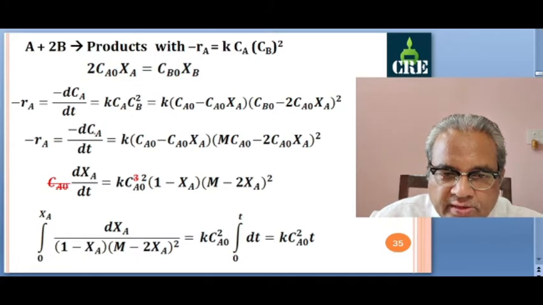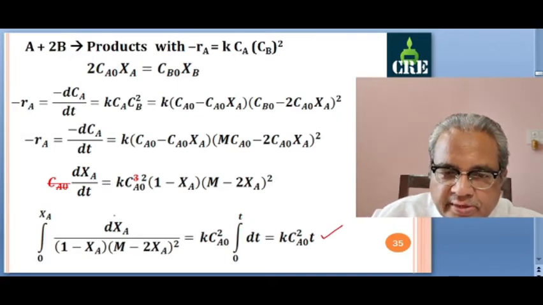And we have minus dCA by dt equal to CA0 into dXA by dt. So this CA0 cancels out with the cubic term, and you are left with the square term. On the right hand side you have k CA0 square integral dt between 0 to t, and this integral is t, so the right hand side is simply k CA0 square t.